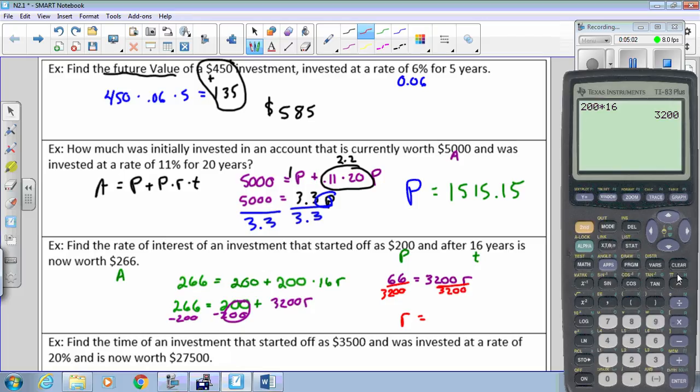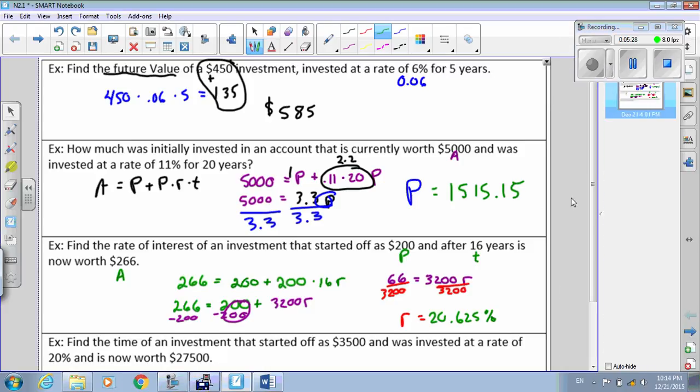So R would be equal to 66 divided by 3,200, roughly 20.625%.